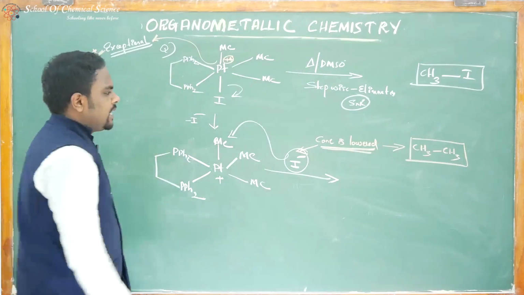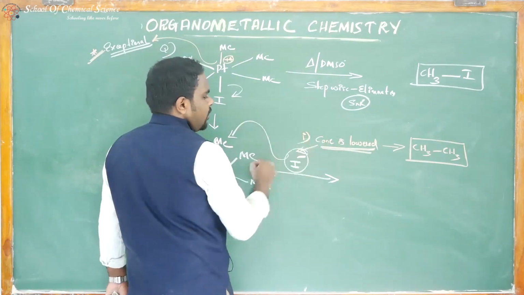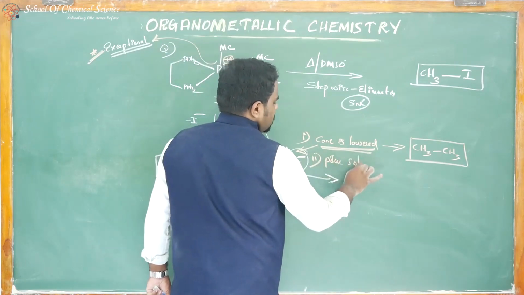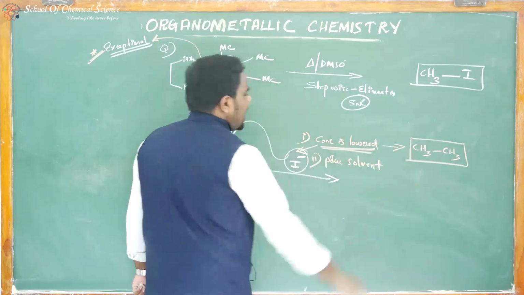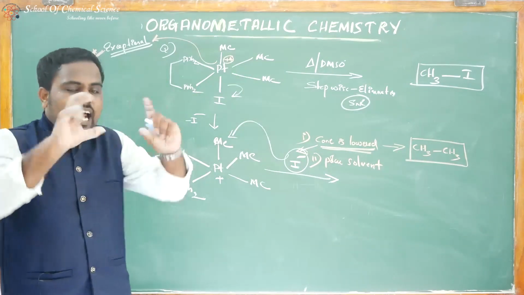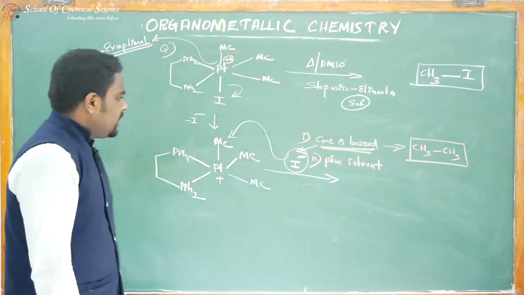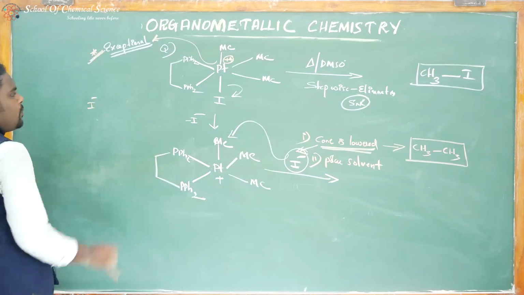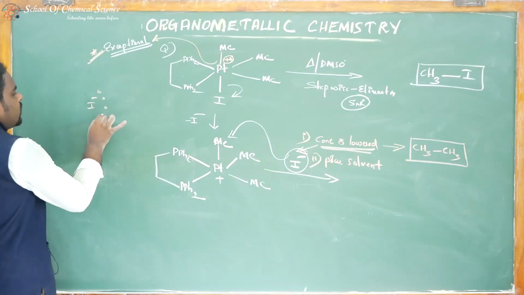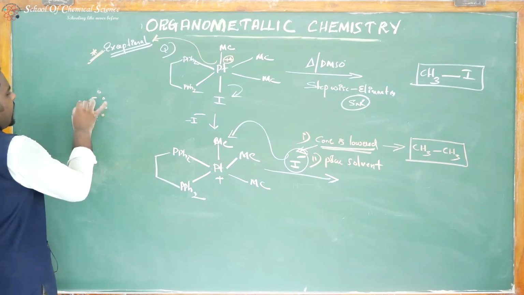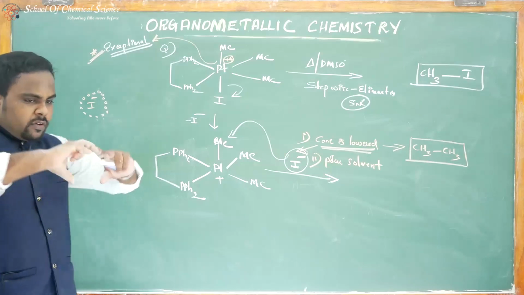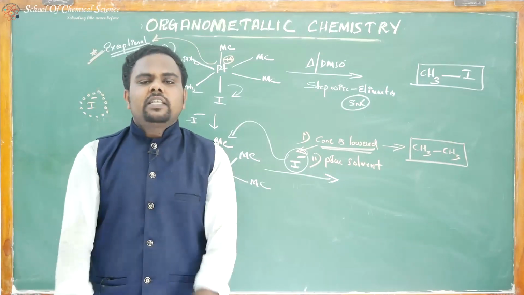Okay, first case, I minus concentration is lowered, or in presence of polar solvent also. In presence of polar solvent also, you can trap the I minus. Why? Your I minus is eliminated. You know polar solvent undergoes solvation with the negatively charged ion. Your I minus will be solvated by the polar solvent.